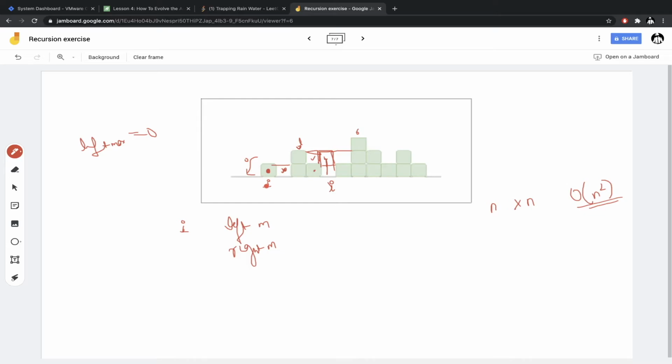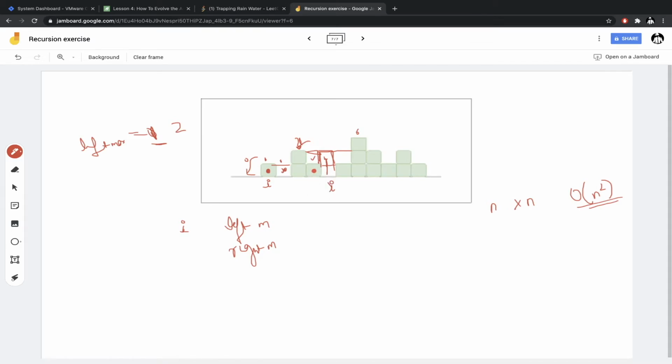Now once we come here, this height is 1, which is greater than the left max, so the left max becomes 1. For this element we compare it with the left max, which is 1, so its left max should also be 1. For this element, the height is greater than the left max, so the left max now becomes 2.